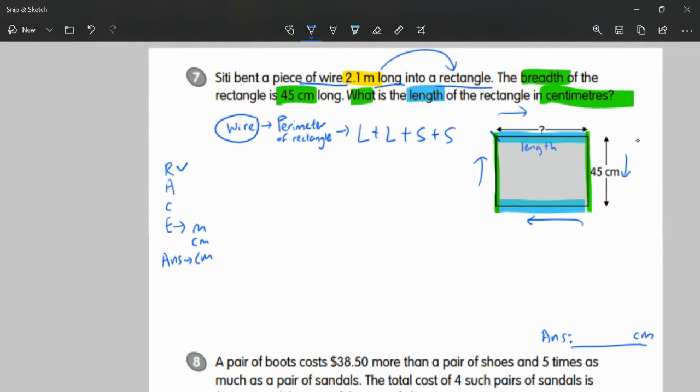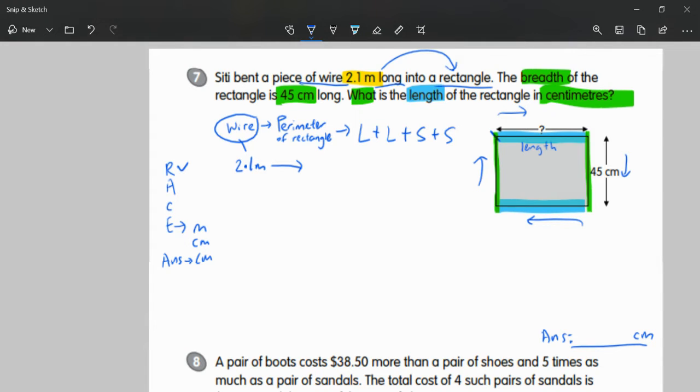Now this wire is 2.1 meters. 2.1 meters is not very friendly for the next few steps, so for a start, I want to convert it into centimeters. Can you explain why? Why do I want to choose this? I say it's friendlier to use. What does that exactly mean? If you can answer that question, that would be good for you.